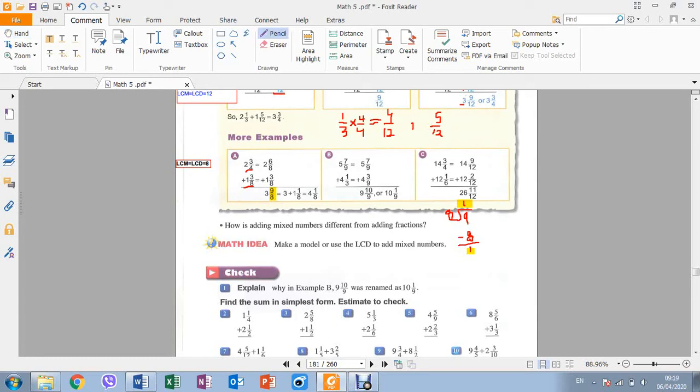We have 3 plus 1. This is a whole number. Whole numbers, so 1 plus 3 is 4.